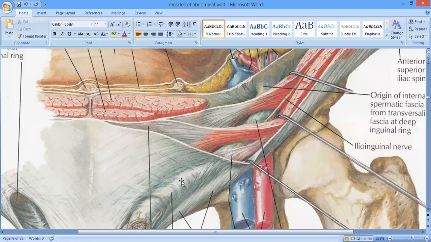The anterior wall of the inguinal canal is contributed by the external oblique aponeurosis and the fleshy fibers of the internal oblique and the transversus abdominis muscle. Whereas the posterior wall is weaker because it is formed by the fascia transversalis and it has this opening, this gap in it. So जो आपकी anterior wall है, it is strongest against the weakest point of the posterior wall. Is it clear जी?